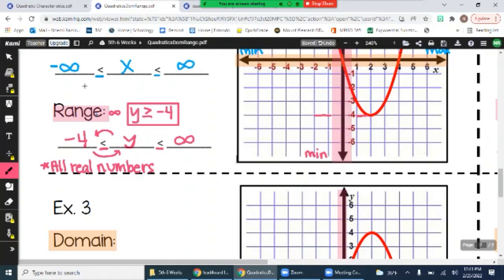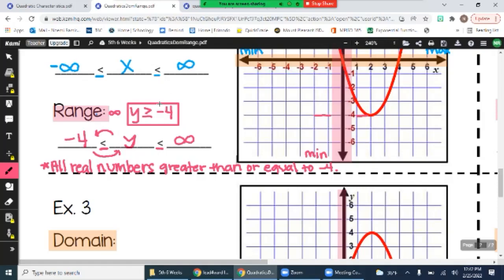And then the rest of the sentence is going to come from the symbol with the number. What symbol is this? Greater than. All real numbers greater than. The underline is read as what? Equal to: greater than or equal to -4.